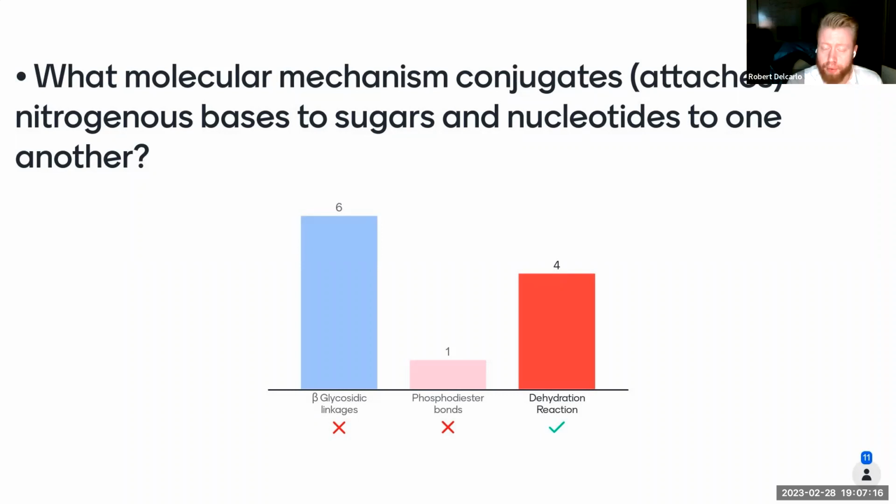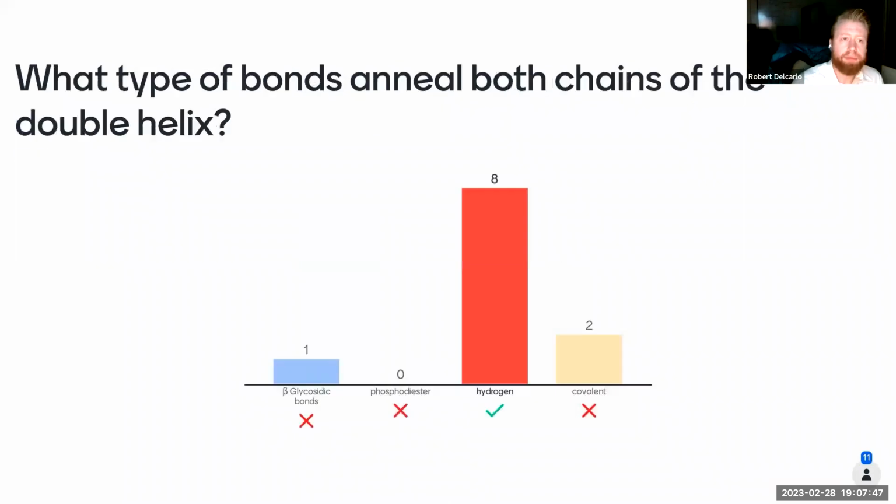But it's very important that we understand that the phosphodiester bond is also formed by a dehydration reaction. So the thing that the beta glycosidic linkage and the phosphodiester bond have in common is that they are both formed by a dehydration reaction. That's the mechanism that attaches nitrogenous bases to sugars via a beta glycosidic linkage and nucleotides to one another via a phosphodiester bond.